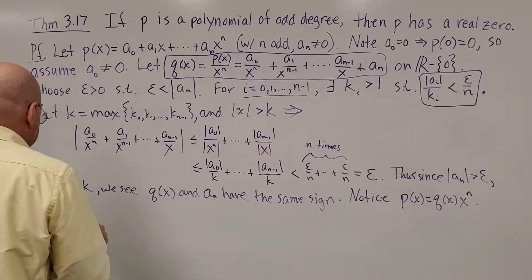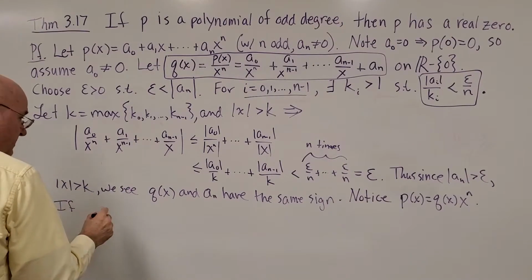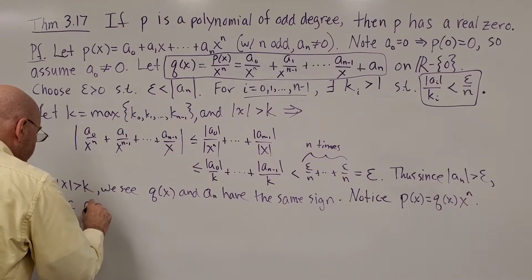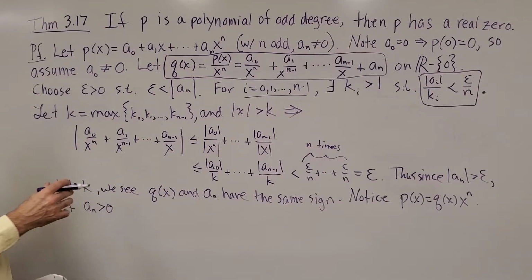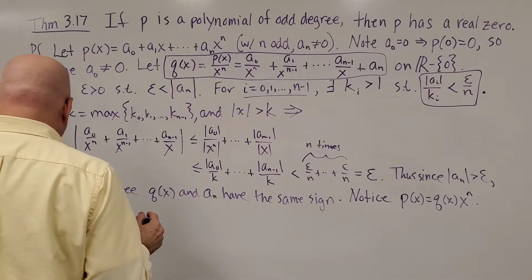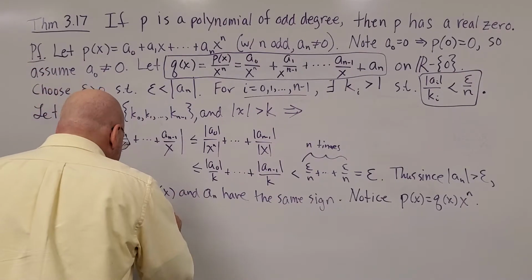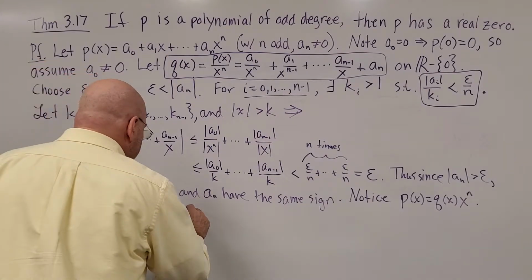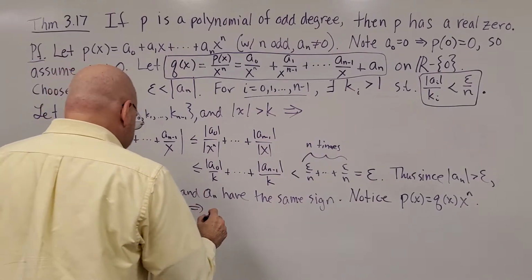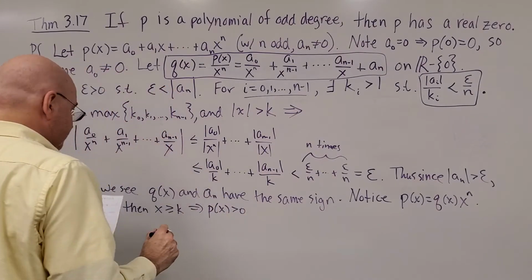All right, therefore, if a_n, not in absolute values this time, if a_n is a positive number, then x greater than or equal to k implies that P of x is greater than 0.